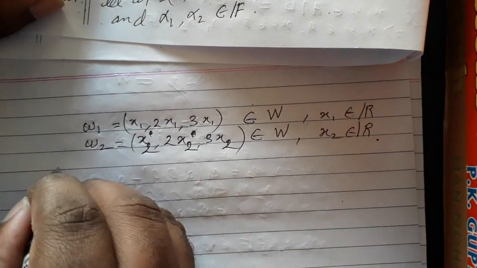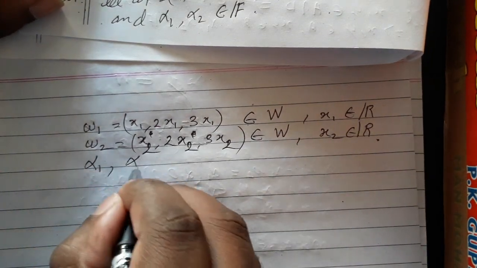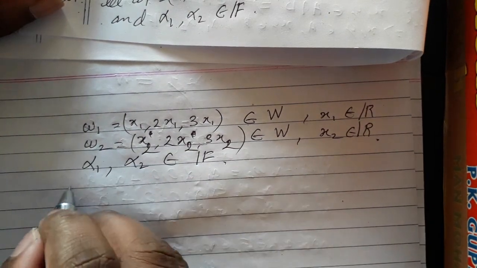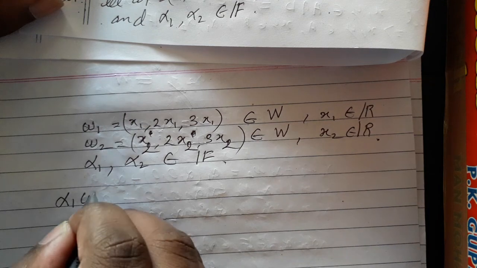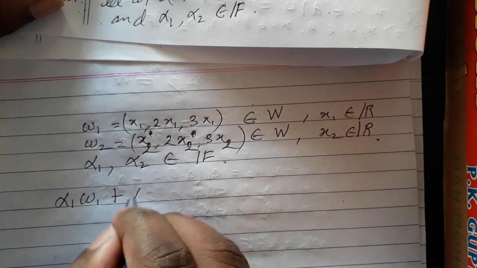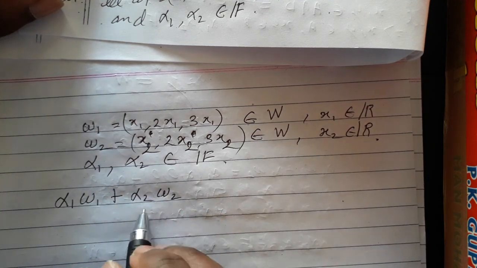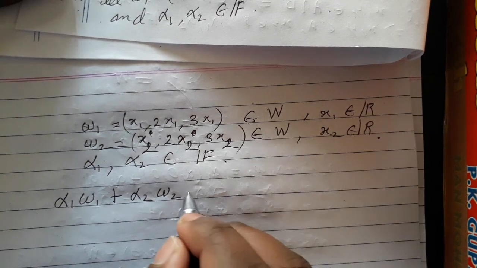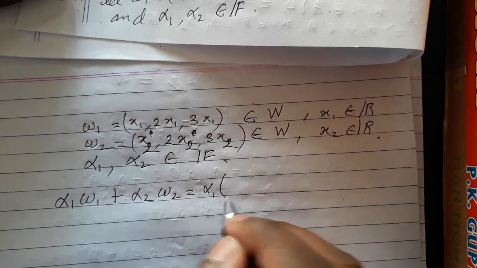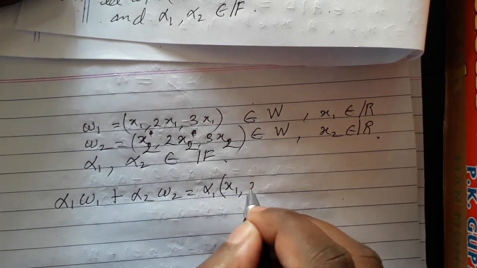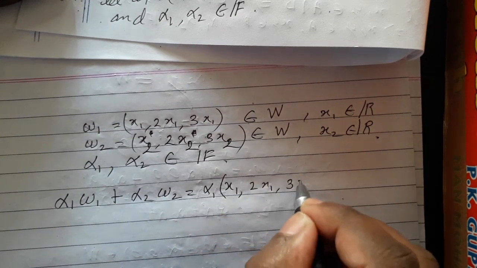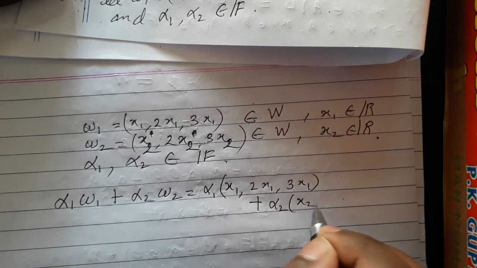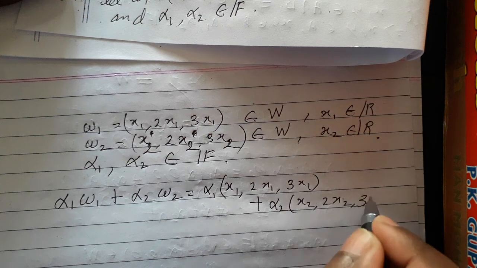I'll take two scalars, alpha 1 and alpha 2, belonging to the field. Now I have to show that the linear combination alpha 1 w1 plus alpha 2 w2 is in W. So this is equal to alpha 1 (x1, 2x1, 3x1) plus alpha 2 (x2, 2x2, 3x2).